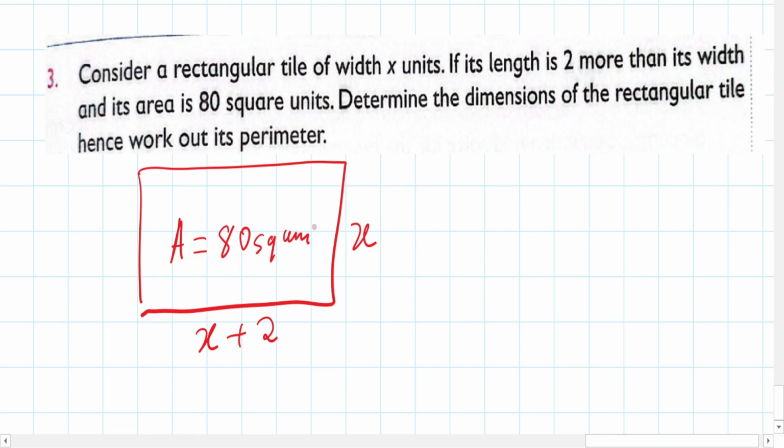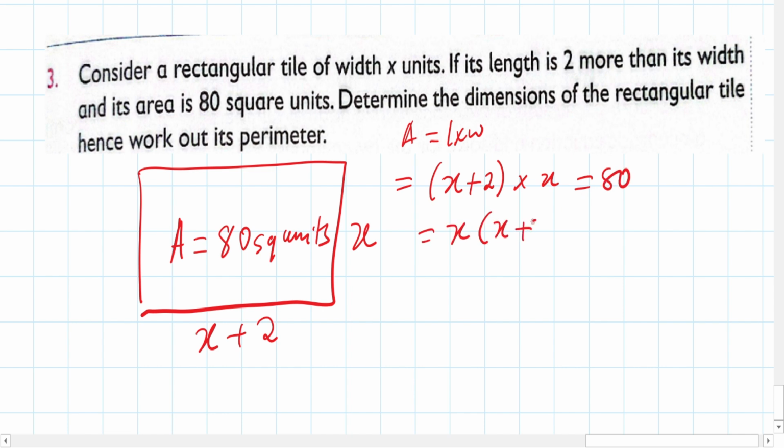Determine the dimensions of the rectangular tile, hence work out its perimeter. So area is length times width. Our length is x plus 2, multiplied by x, which is equal to 80. So x times x plus 2 is equal to 80.